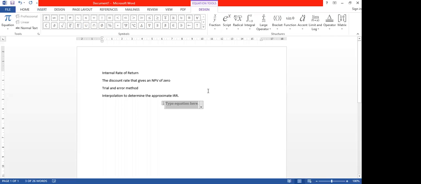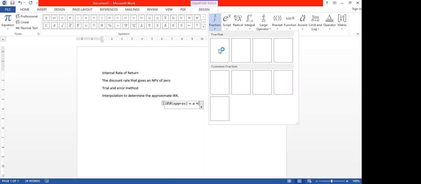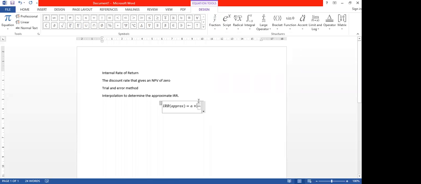So after having done trial and error and probably found a negative NPV and a positive NPV, then the approximate IRR will be equal to A plus A over A plus B multiplied by D.